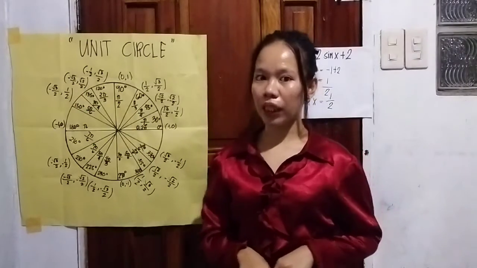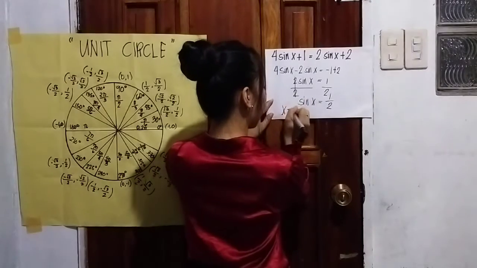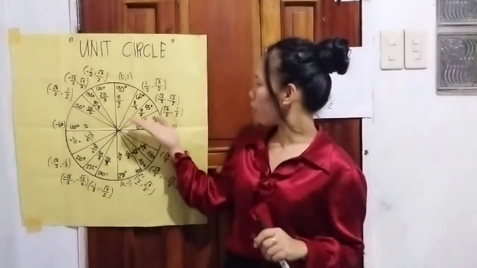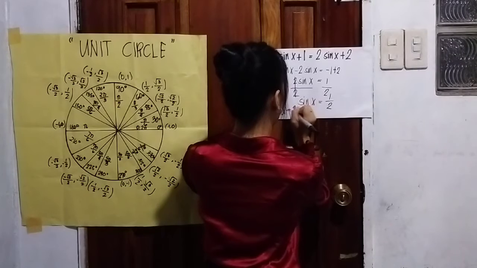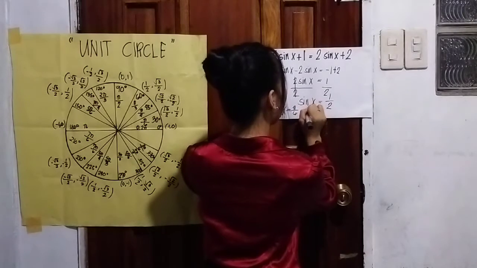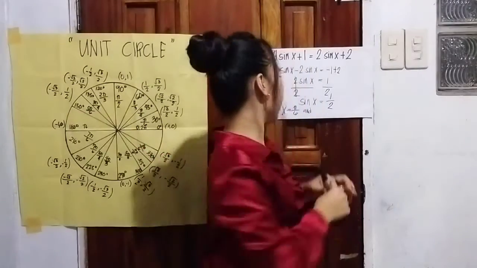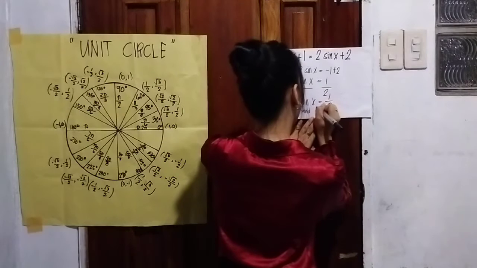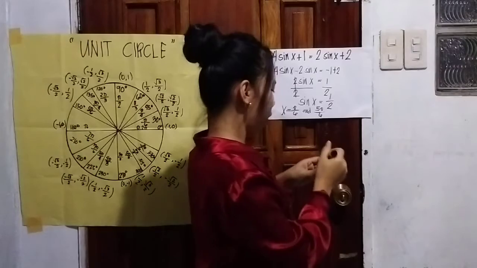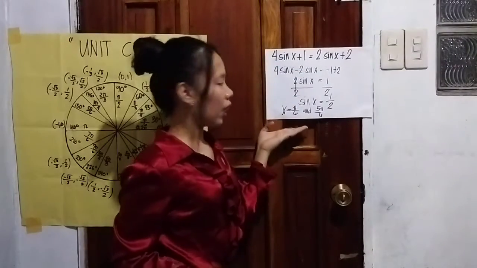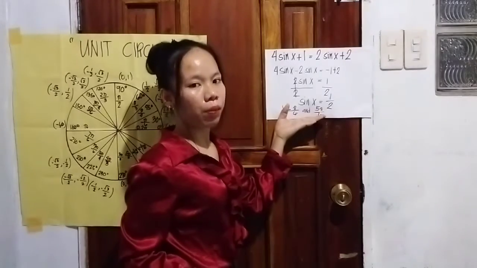Therefore, we express this solution as x is equal to 1/6 pi and 5/6 pi. So this is the value of our x.